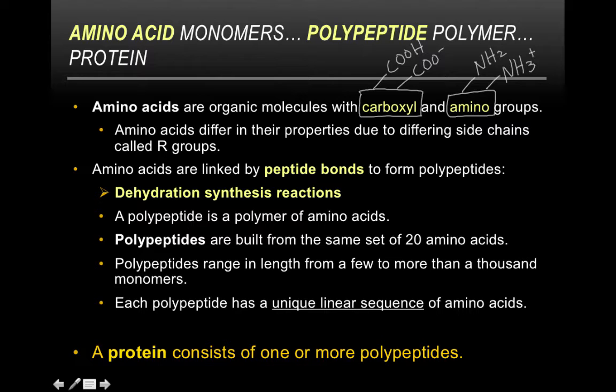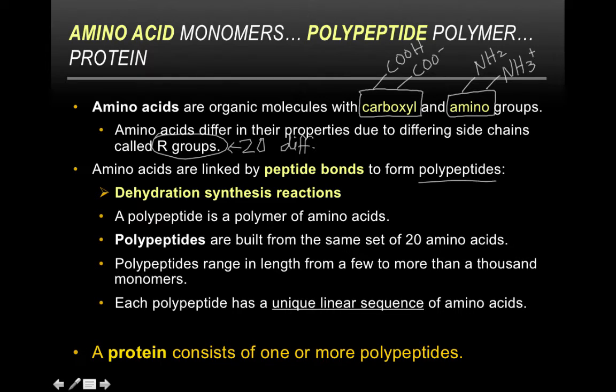And then the 20 amino acids differ in their R groups. There are 20 different R groups.